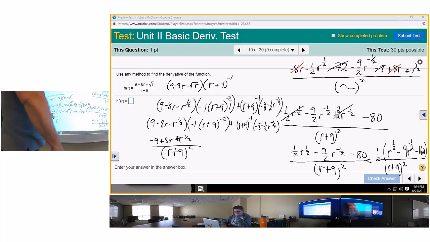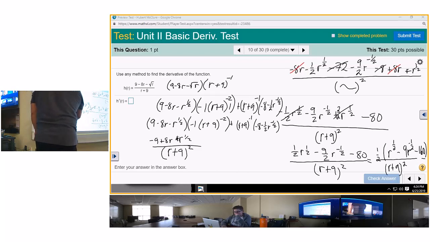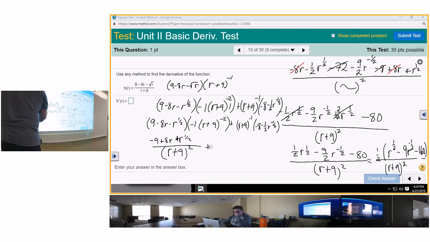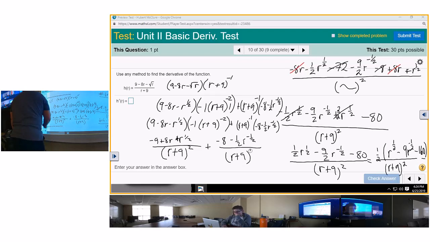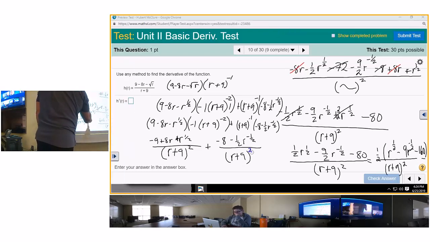So that's done. And over here, we're going to have negative 8 minus 1/2 r to the negative 1/2 all over r plus 9 to the first power. So if we want to make that to the second power, then we've got to multiply the top by r plus 9.